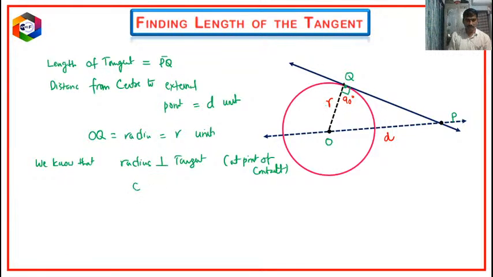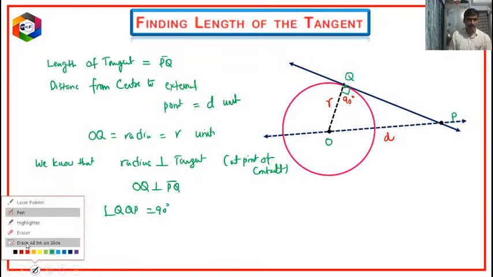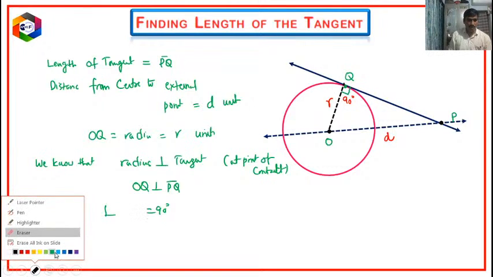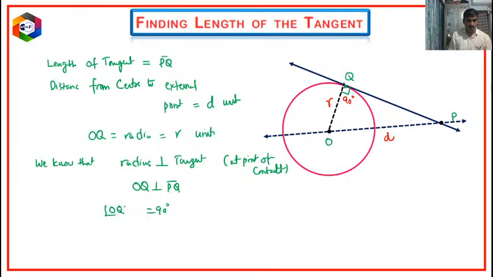So here OQ is perpendicular to PQ, therefore angle OQP will be equal to 90 degrees. Now if you can observe here, this is a right triangle.